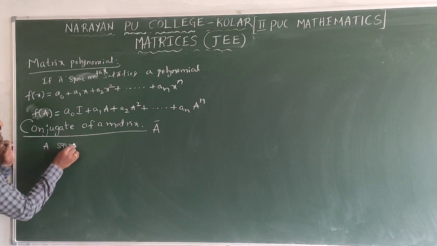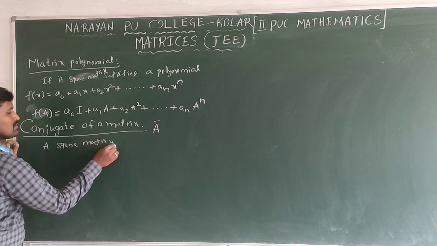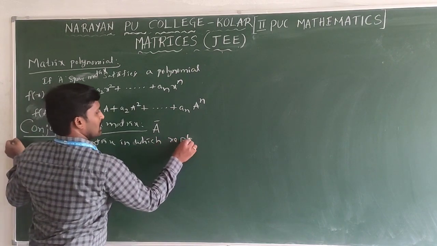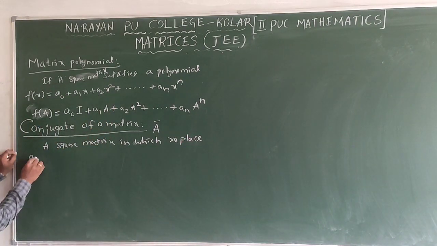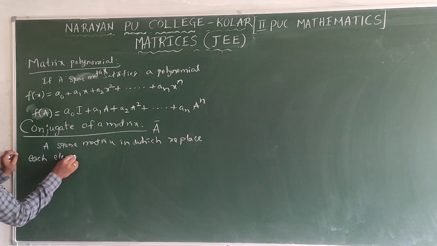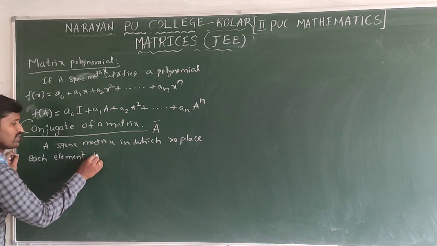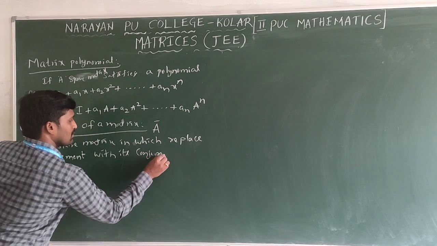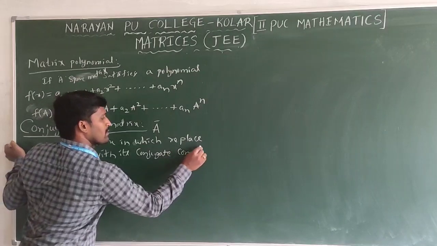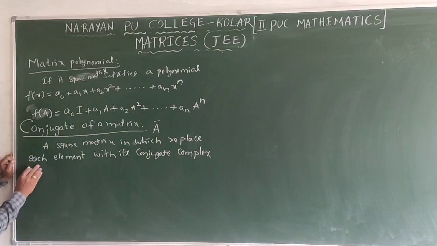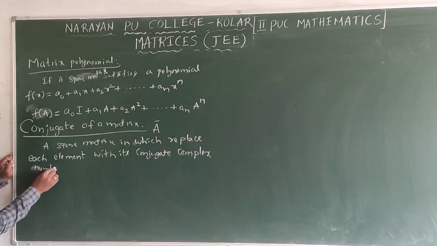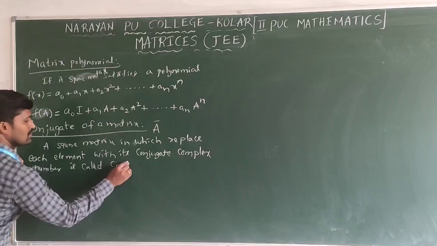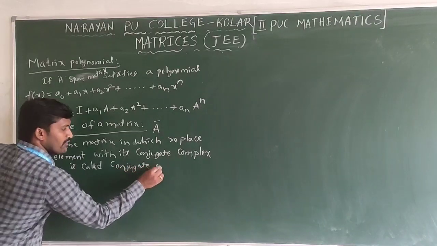A square matrix in which each element is replaced with its conjugate complex number is called the conjugate of a matrix.